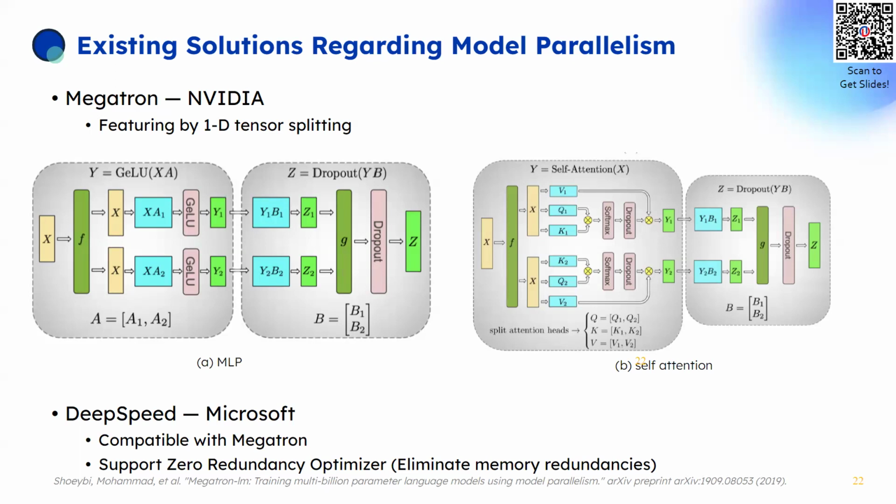We put them together, four pieces of 4K by 32, so it's still 4K by 128. Okay. That's the idea of tensor parallelism.